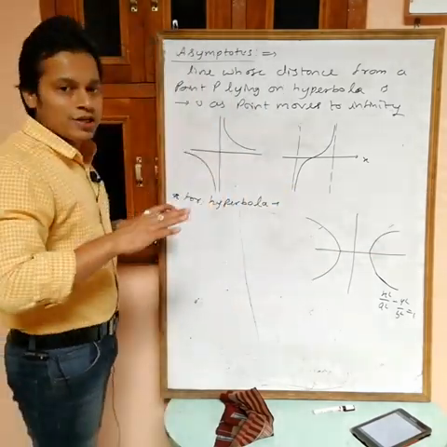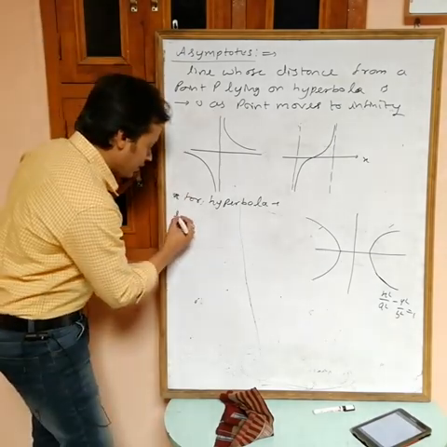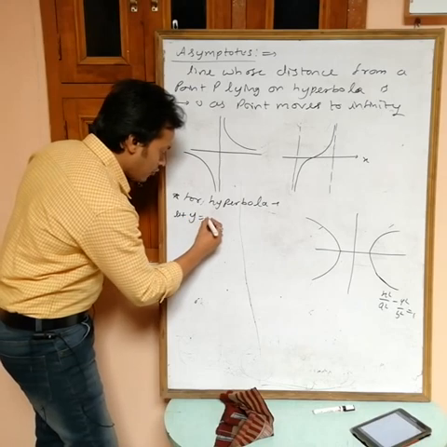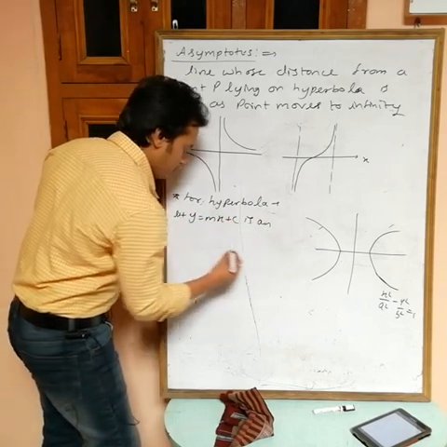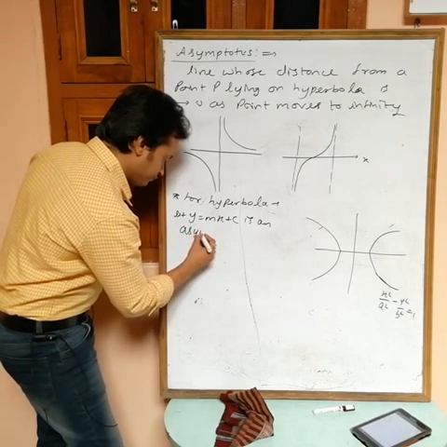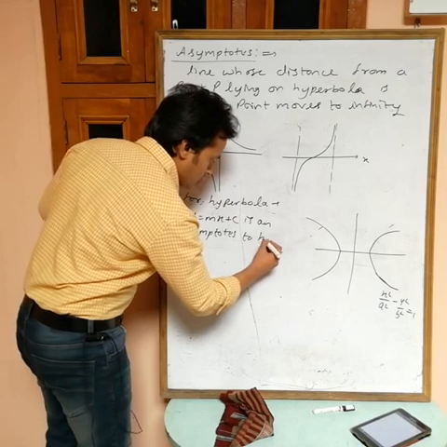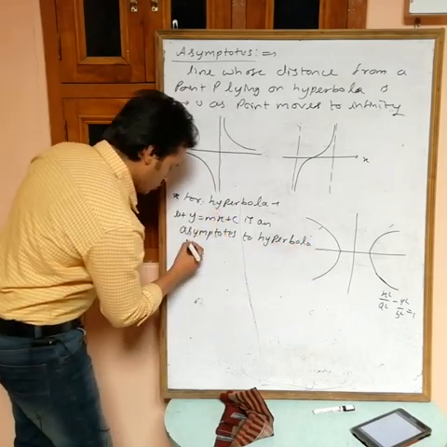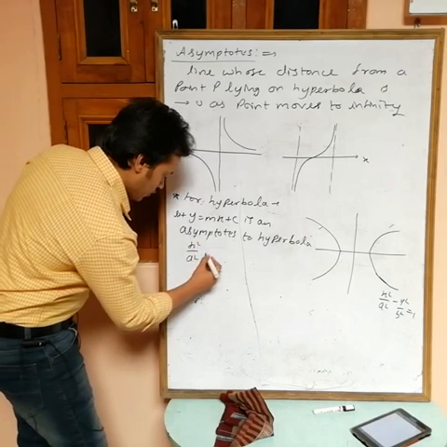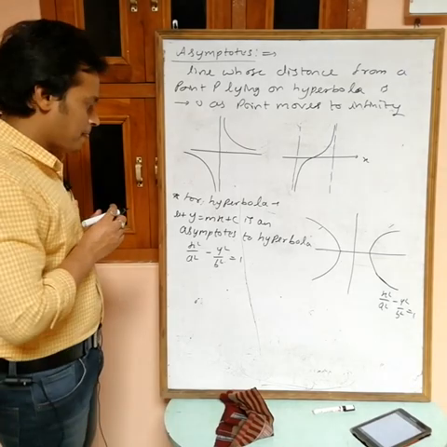Okay, so first I am assuming. Now what do we want? We want an asymptote for the hyperbola. So let y equals mx plus c be an asymptote to the hyperbola x square by a square minus y square by b square equals 1.